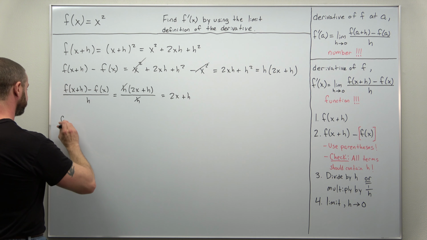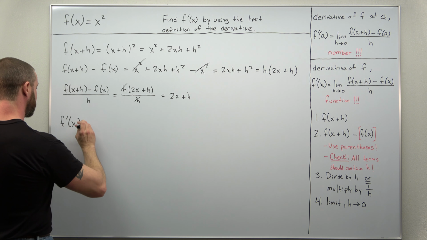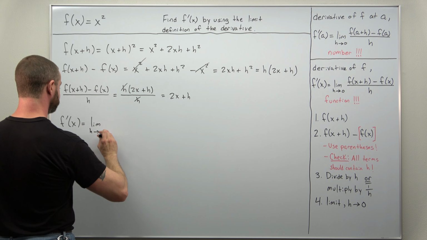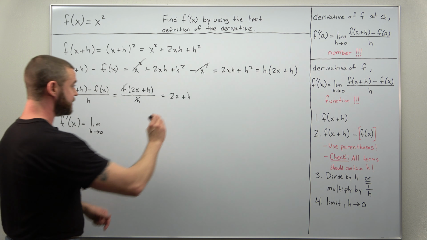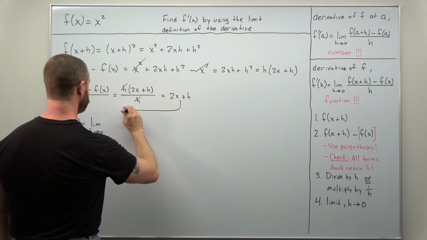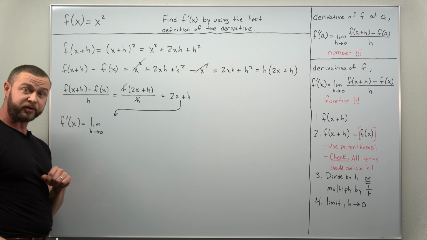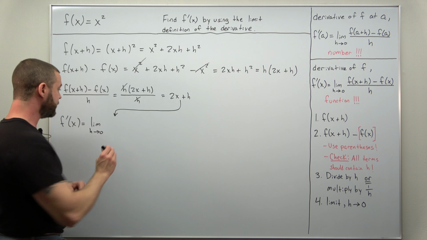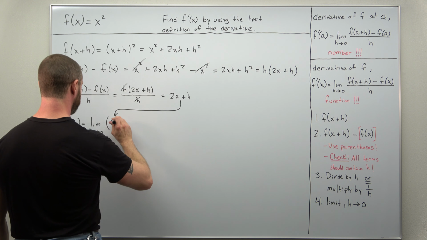So let's write that. f prime of x equals the limit as h approaches 0. And now we can just take this, what we just calculated in step 3, and basically plug that in. That was that difference quotient, that fraction coming from the slope formula that we just simplified.